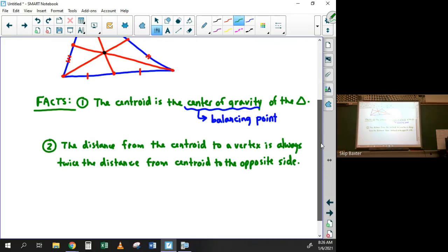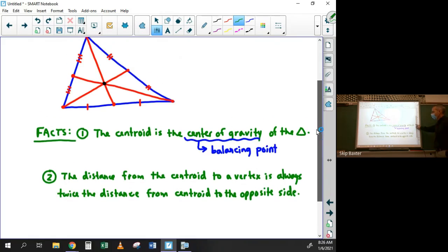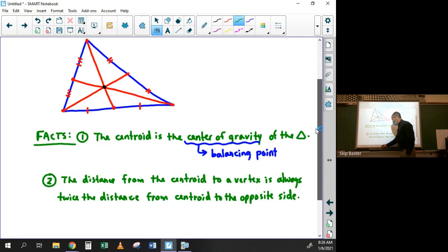That is kind of hard to read by itself, but it's easy to do problems that deal with this. If I look at my picture up here, where I have a centroid drawn, it means that any one median is divided into two parts by the centroid. There's a shorter part and a longer part. This longer part is twice as long as that shorter part every time.